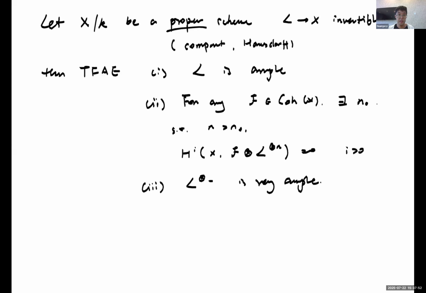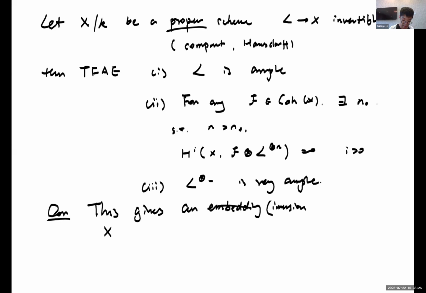Anyways, so what does this mean? So the conclusion is a corollary. This gives an embedding, or at least an immersion. Let's say, to be safe, immersion of X into some projective space.